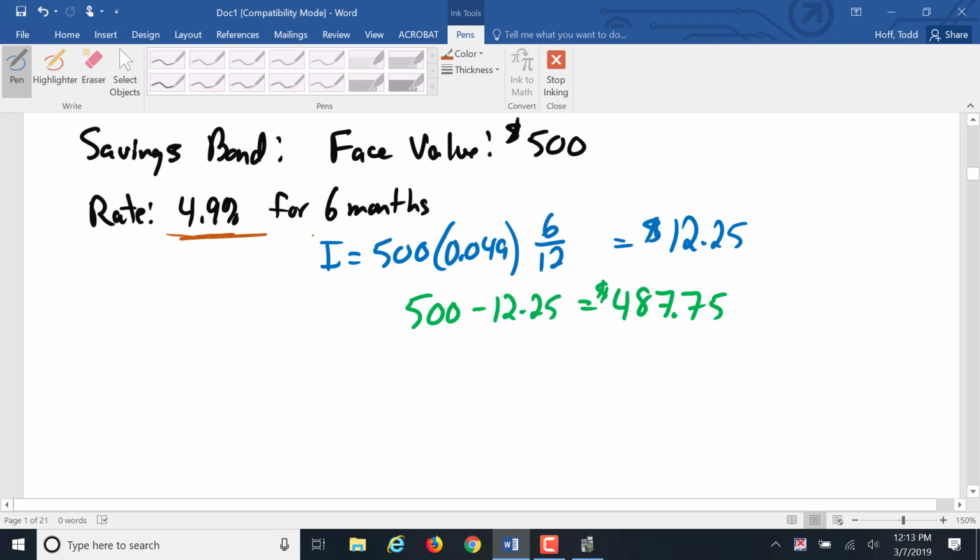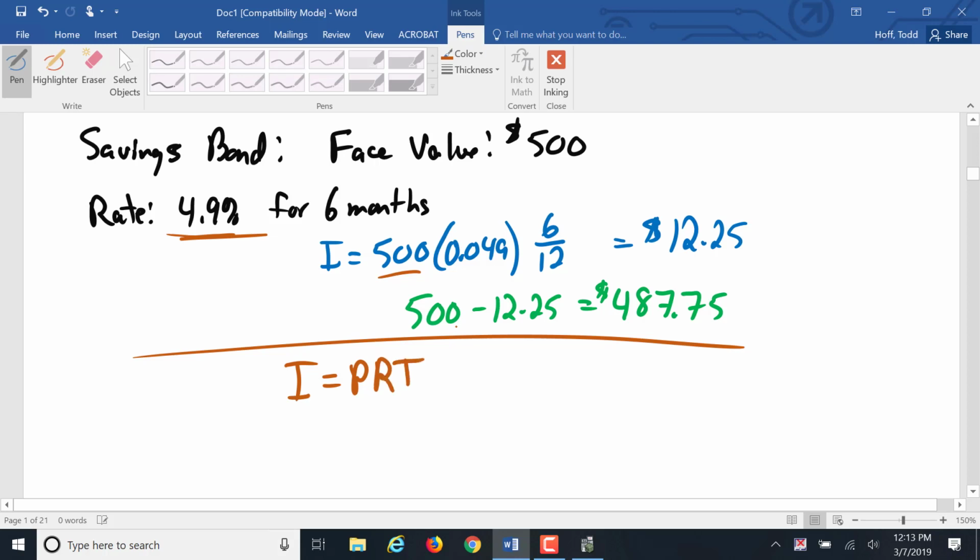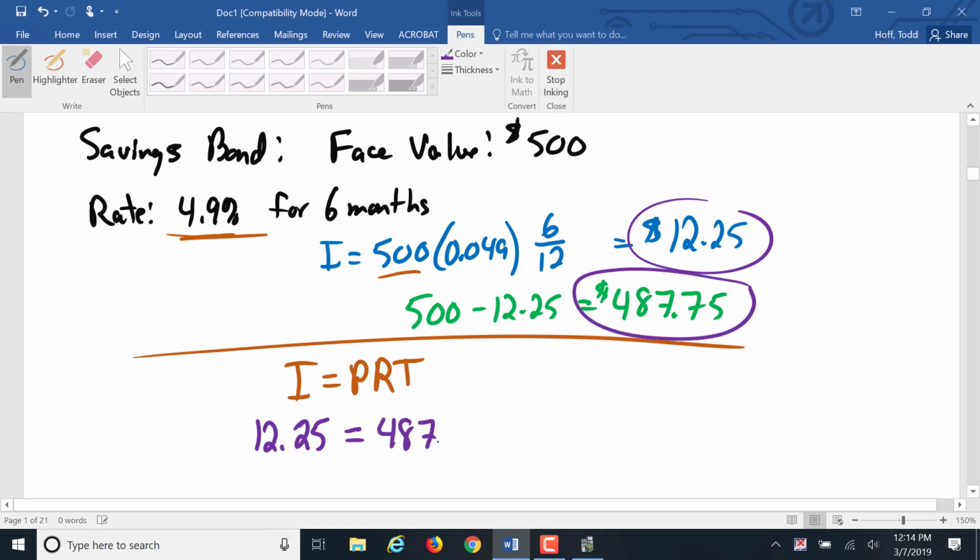So the stated rate of 4.9%, again, is calculating interest off of the ending balance. The effective rate is actually slightly higher than that. So we're going to use the formula I equals PRT again, but we're going to adjust it using $12.25, our discount, as the dollar amount of interest. Our principal, though, instead of the face value, we're going to use the proceeds, $487.75.